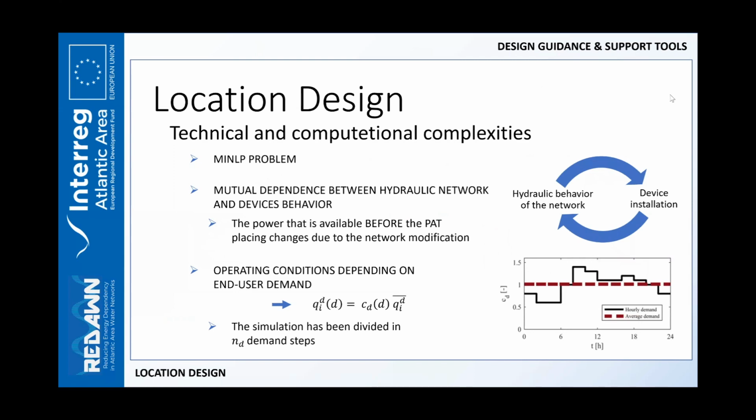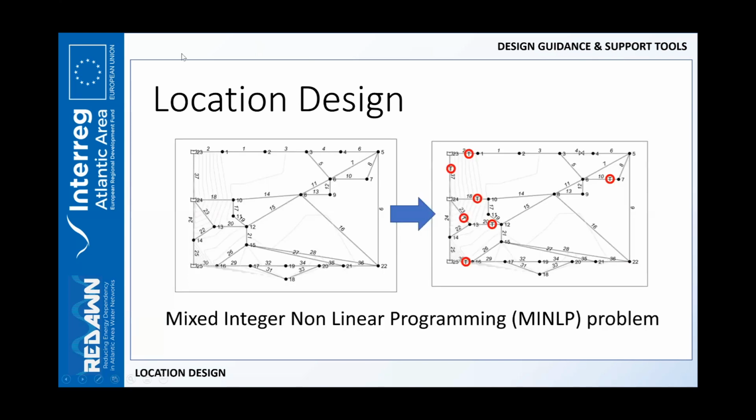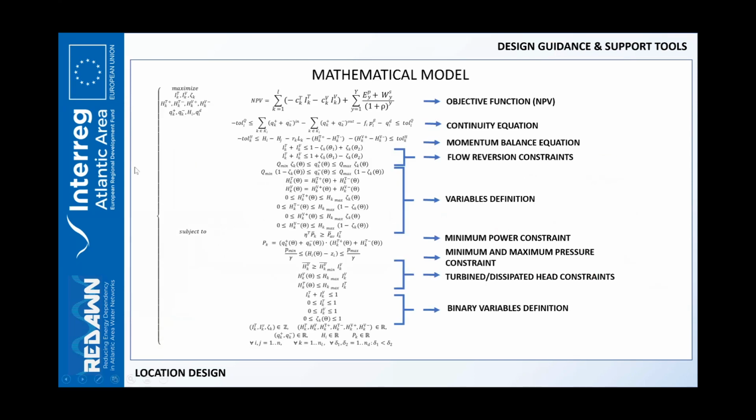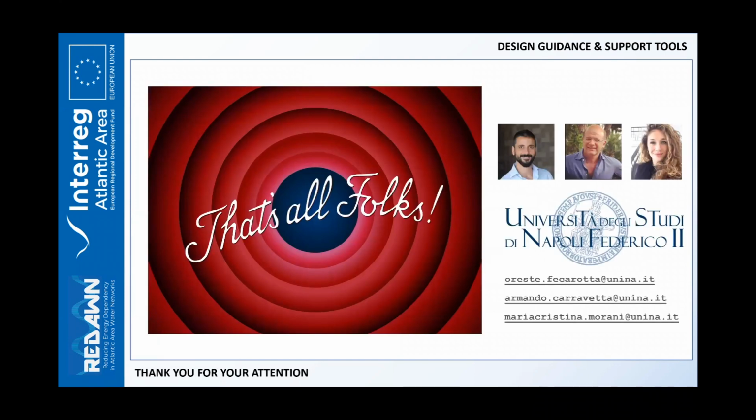Yeah, I just want to tell you that this problem can be very complex because the turbine influences the way that the network behaves and vice versa. So basically, this is a very complex problem. These are all the equations for a simple network. We have thousands of them. That's all, folks.